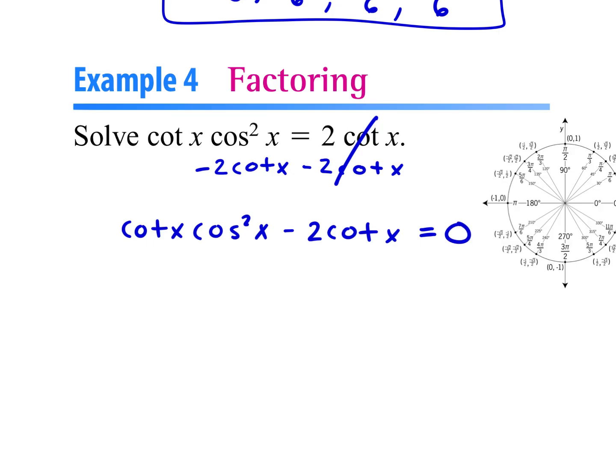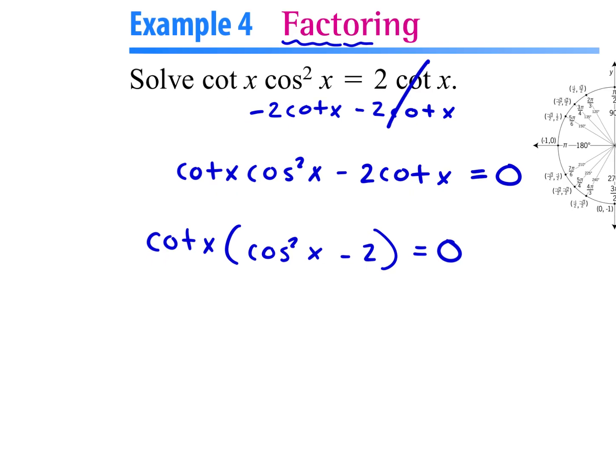How would I factor here? We want to take out the GCF, so I'm going to take out the cotangent x. We're left with cosine squared x minus 2 equals 0.